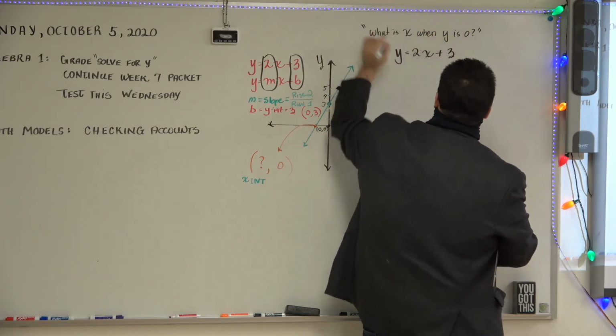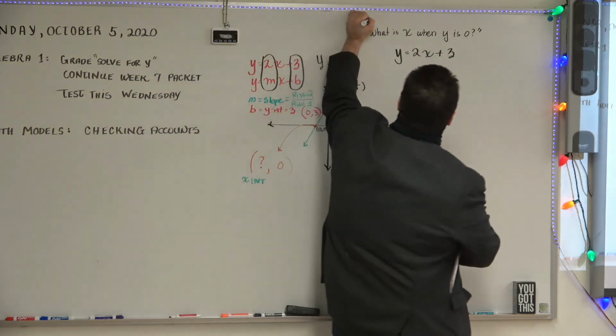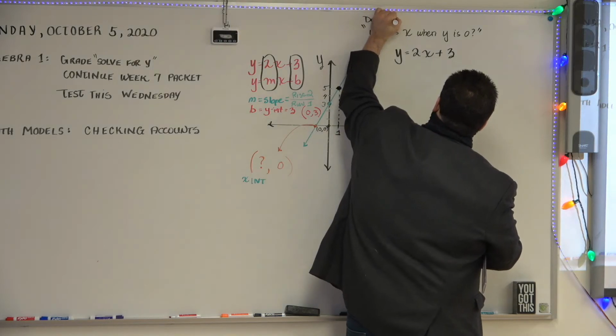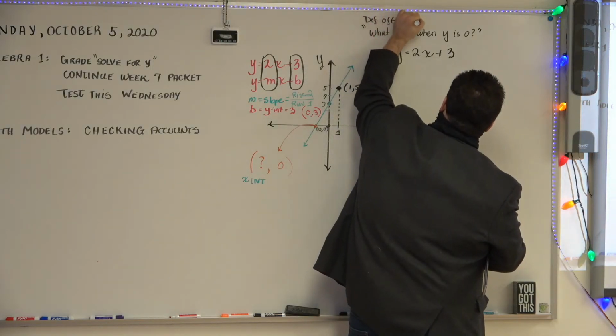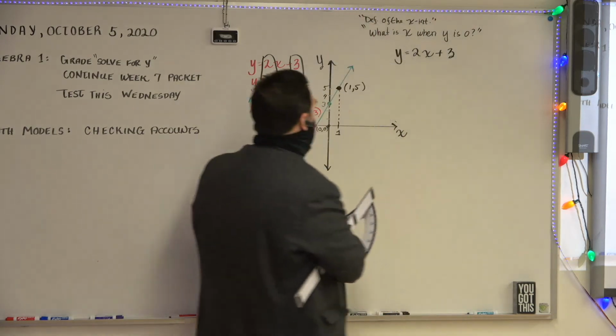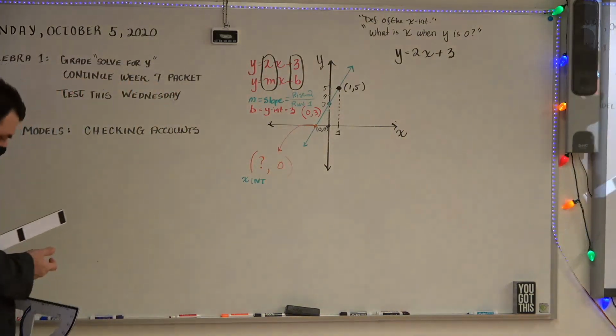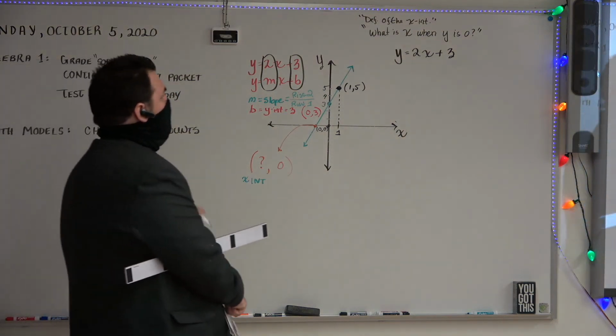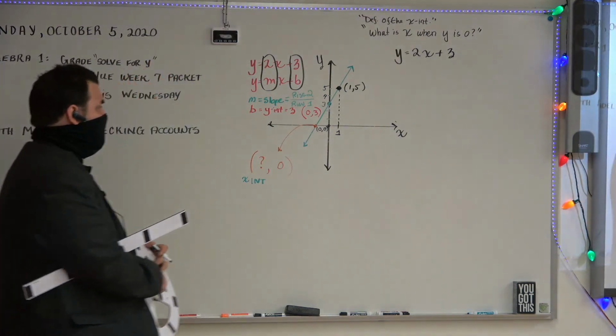Can you please write that down? This is the definition of the X-intercept. Okay, sort of. It'll work as a definition. What is x when y is 0?